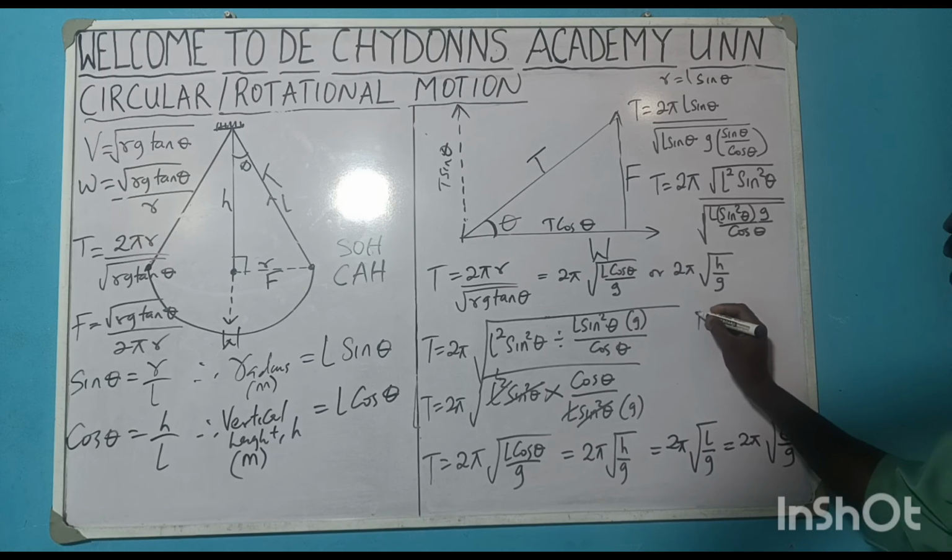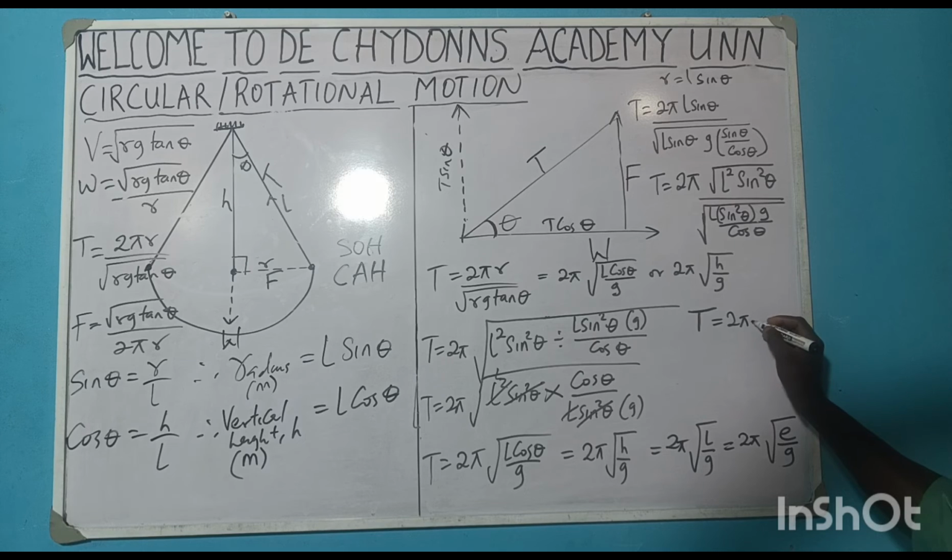Now, what if we are talking about a floating cylinder? What is the period? Period is equal to 2 pi root M over A rho g. Yes, that is mass all over cross-sectional area, density, and acceleration due to gravity. What about spring?